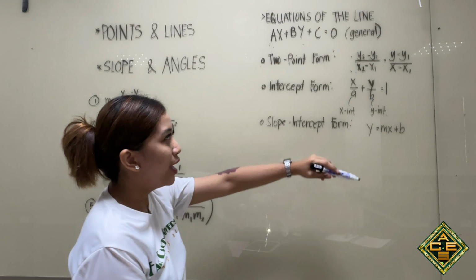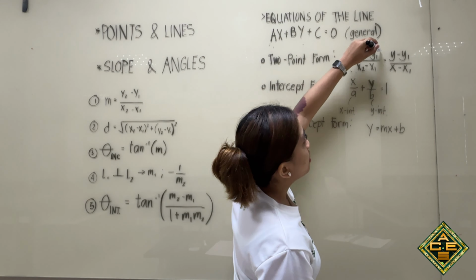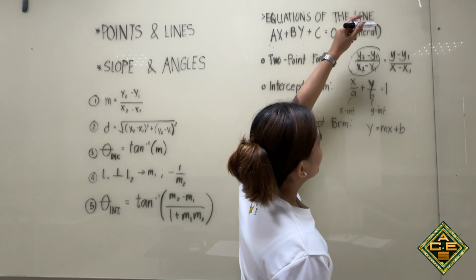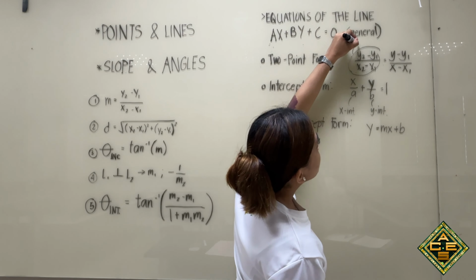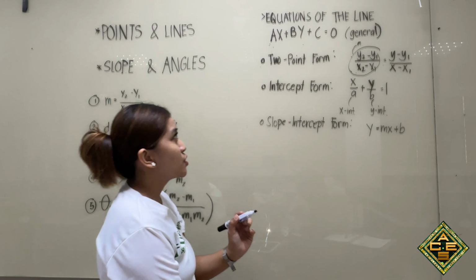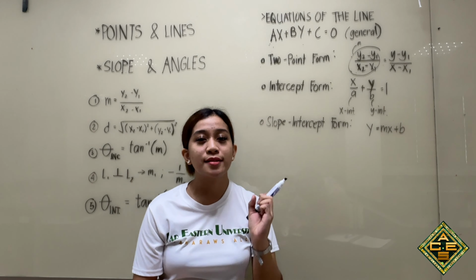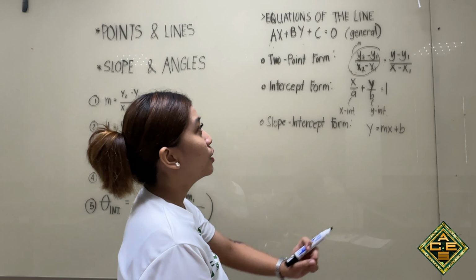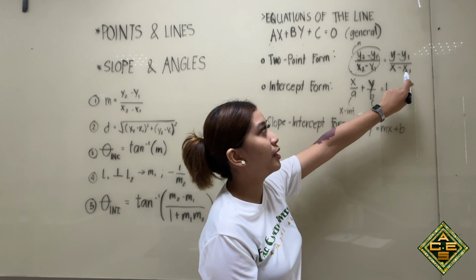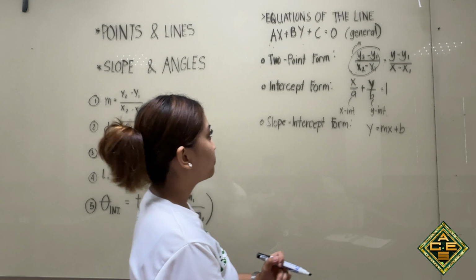Isn't this formula familiar? We can also get a slope through this formula. Sometimes the two-point form can also be used as a slope-point form, wherein we have the slope and a pair of points.